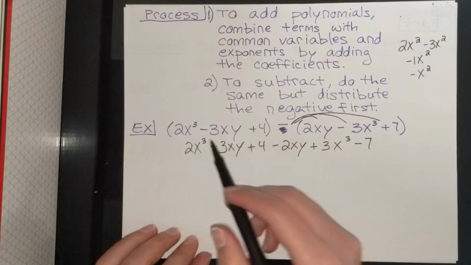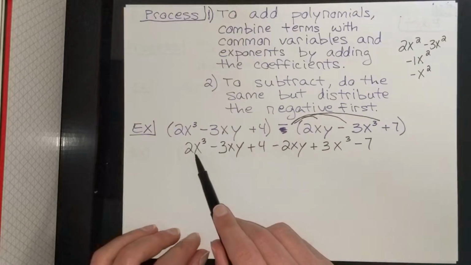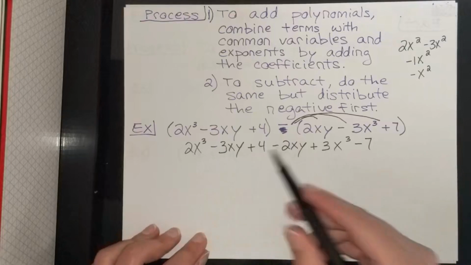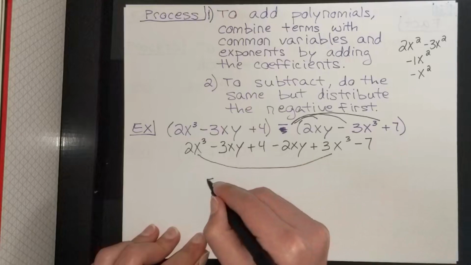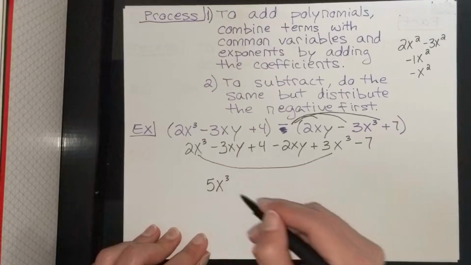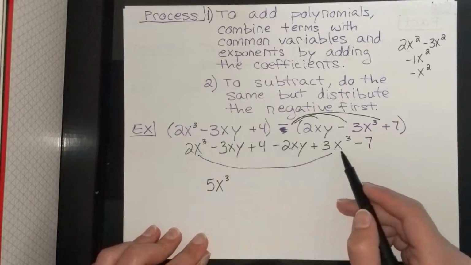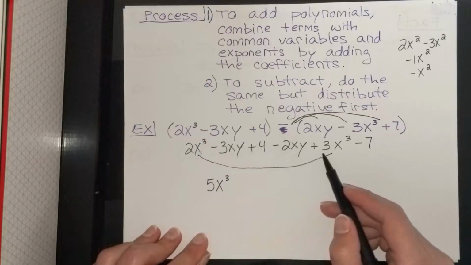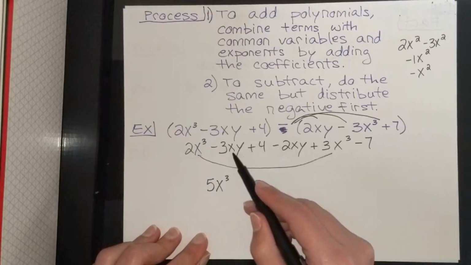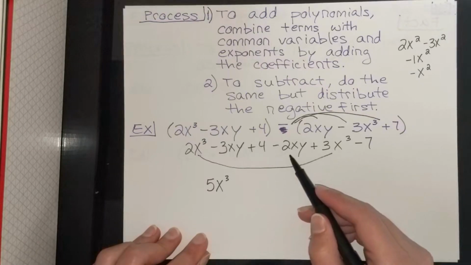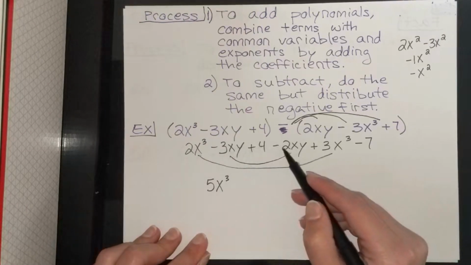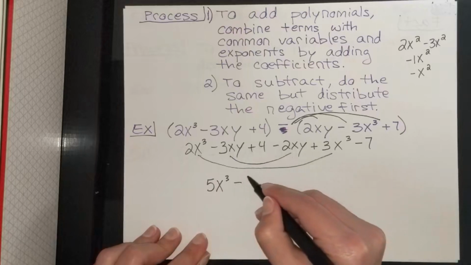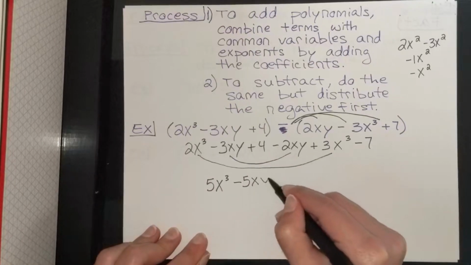So we have a 2x cubed and a plus 3x cubed that we can combine together. That gives us 5x cubed. We keep the x cubed, we add the numbers in front. From there we have a negative 3xy minus 2xy. Negative 3 and negative 2 gives us negative 5xy.